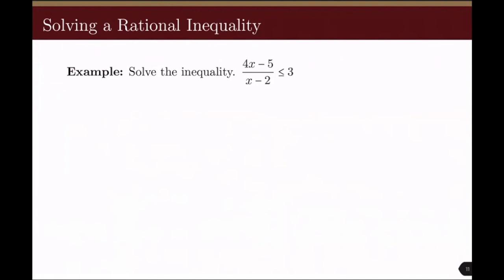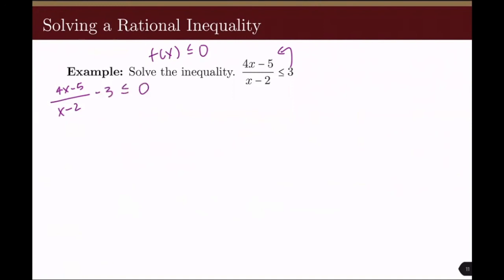We're going to move on to solving rational inequalities. So the first thing that we want to do is have it less than or equal to 0. So we want to get this 3 over here on the other side. We do that by subtracting it. So that means we'll have 4x minus 5 over x minus 2 minus 3 is less than or equal to 0.